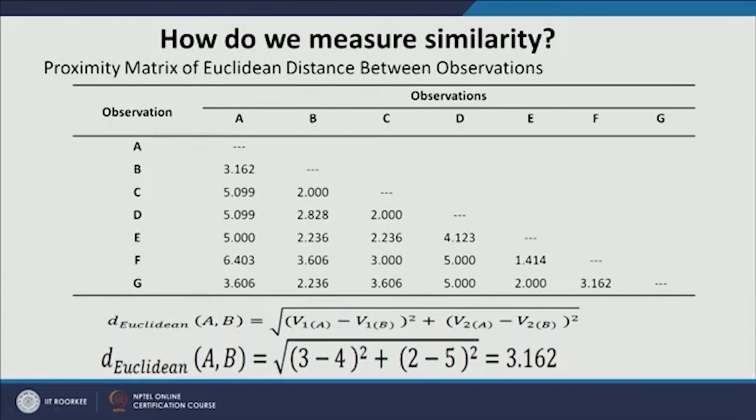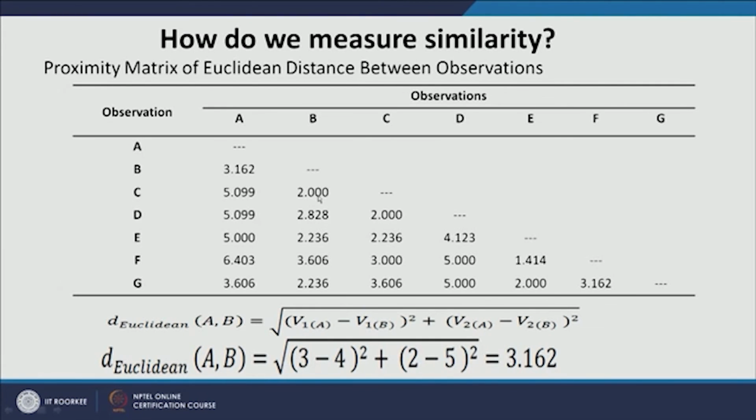Now look at it. The lowest value is at E and F, which is 1.414. The next lowest are three values of 2, in this line, and then in this line again you have a 2, and again here you have a 2.